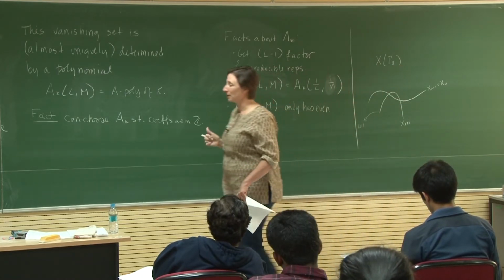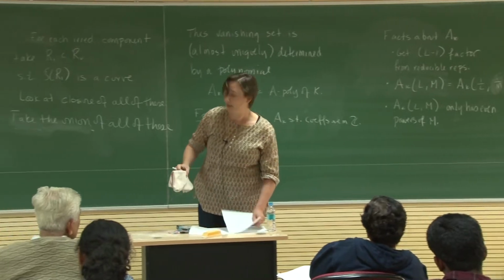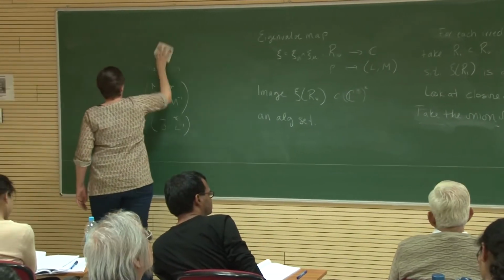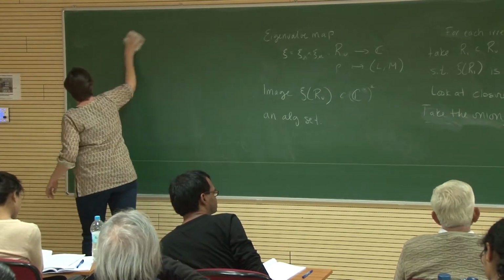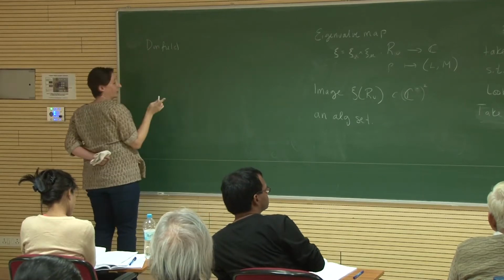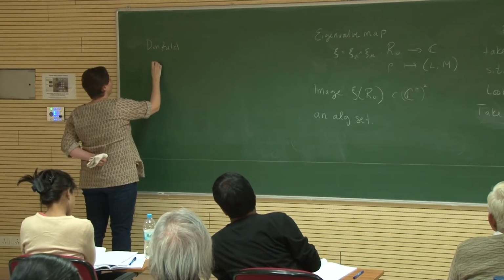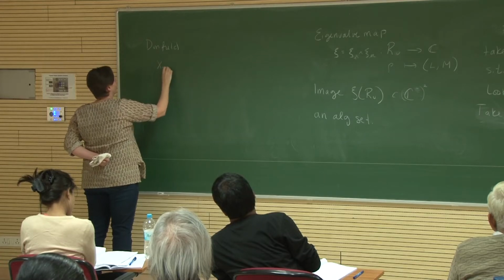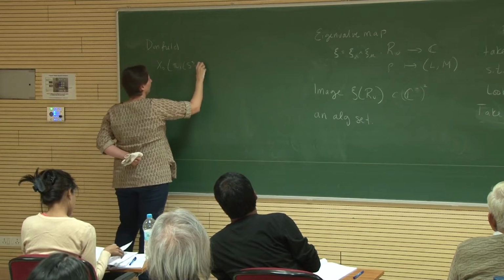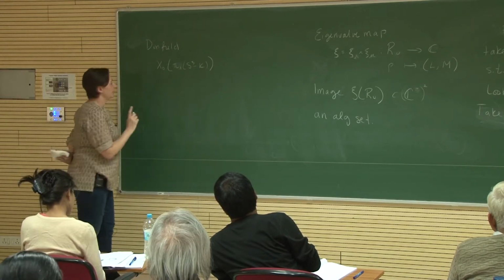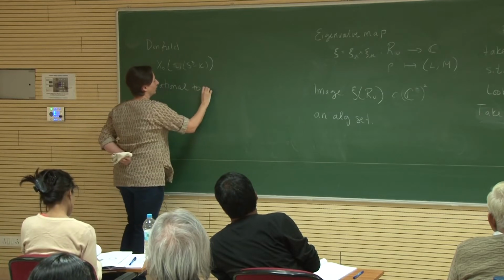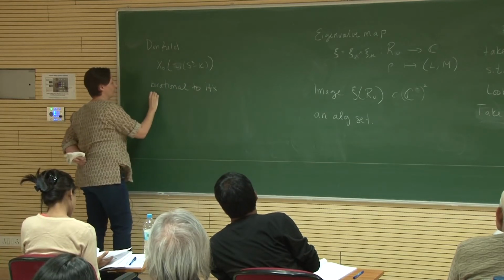Okay, so just to give you a sense of what it looks like, but the most important fact is a result of Dunfield for a knot complement in S3. If I look at the canonical component, then this is birational to its image in the A polynomial.